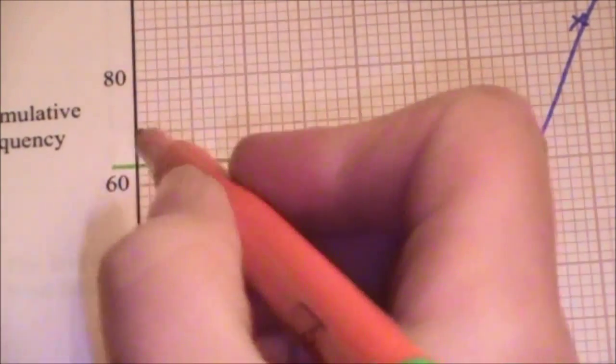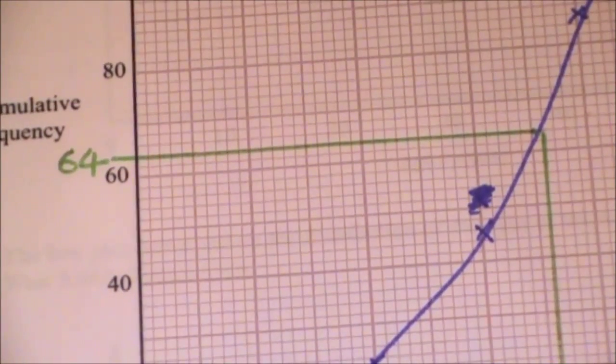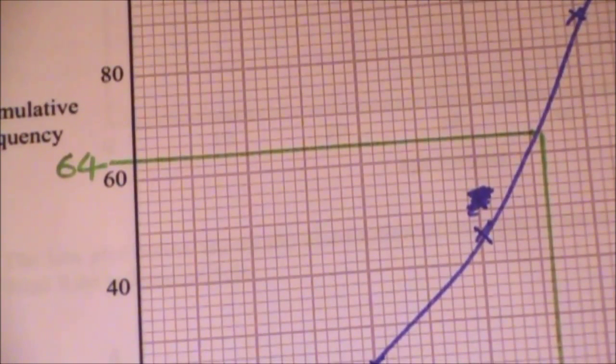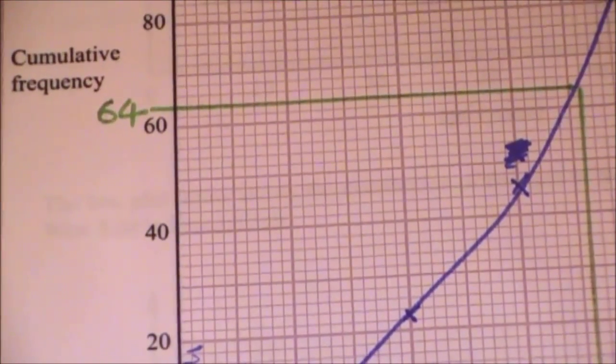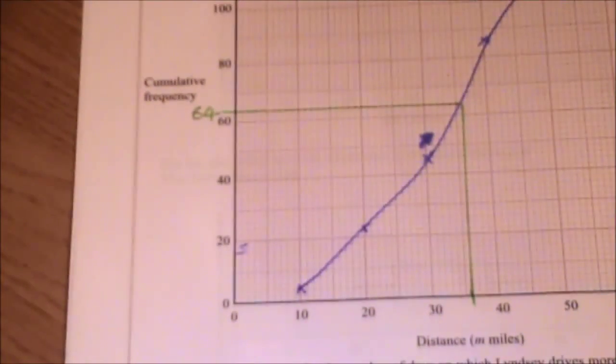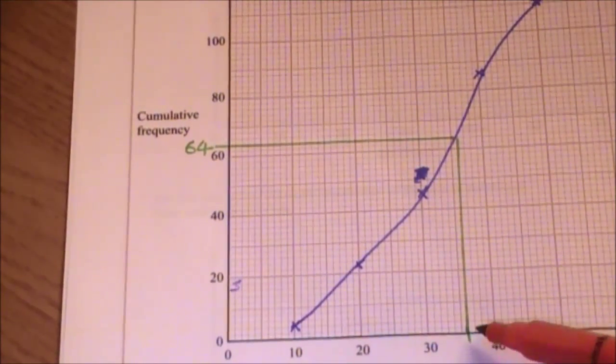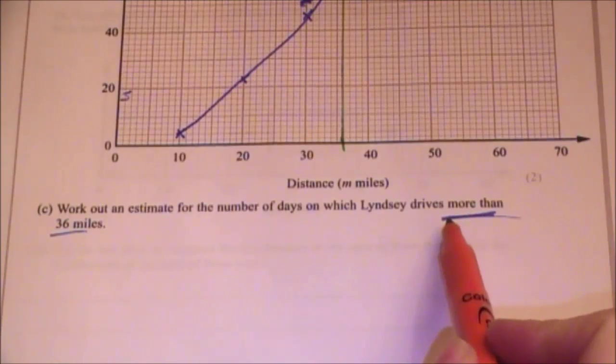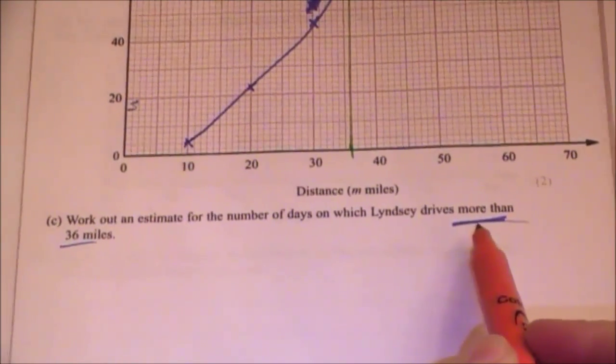So it's not 62, it's 64, because I must keep remembering my scale. The fact that I've got 64 is not the answer to my question. 64 represents the number of days that she travelled 36 miles or less. We wanted the days that she travels more than 36 miles.